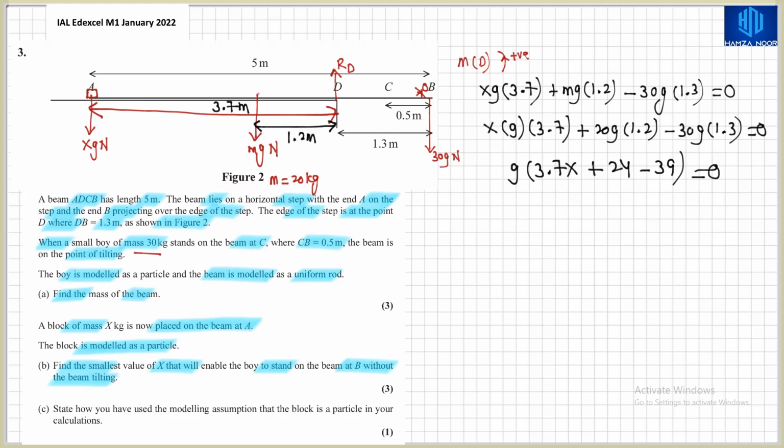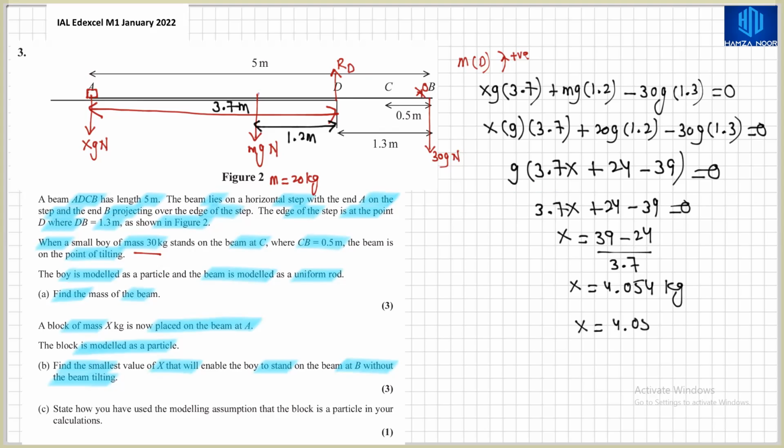So g is gone over there. Therefore we can say that 3.7x plus 24 minus 39 is equal to 0. Therefore x will be equal to 39 minus 24 divided by 3.7. Value of x is 4.054 kg. So correct to three significant figures, x will be equal to 4.05.